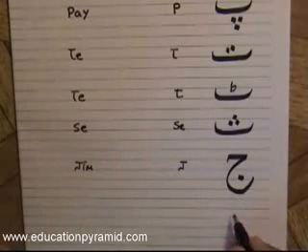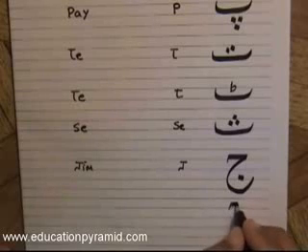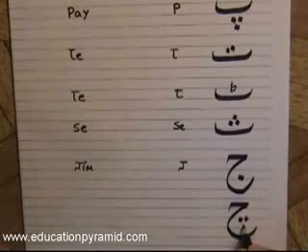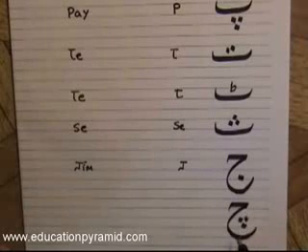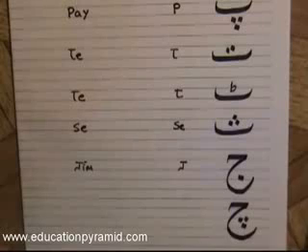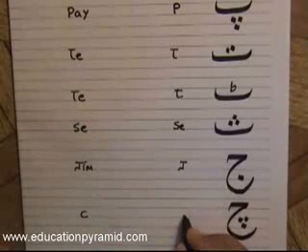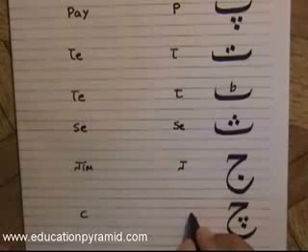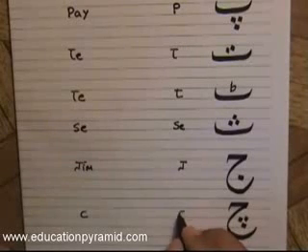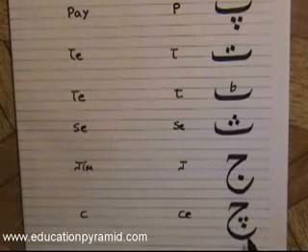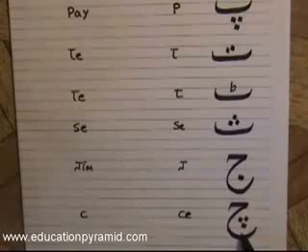Then, similar to Jim, we have Che. In Che we have 3 dots, and sound is from C, Che sound. So Jim, Che, like church.